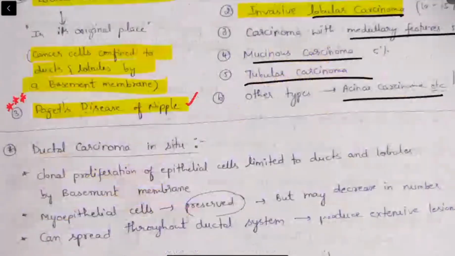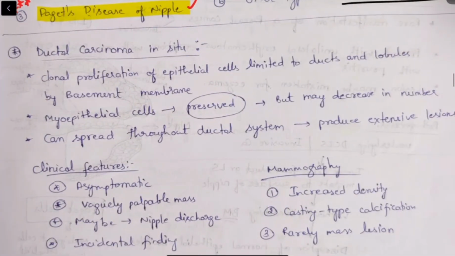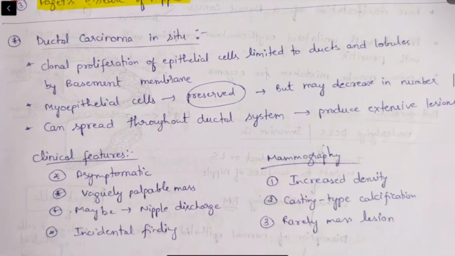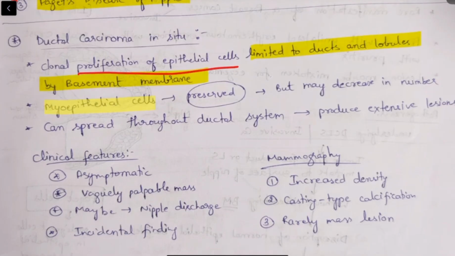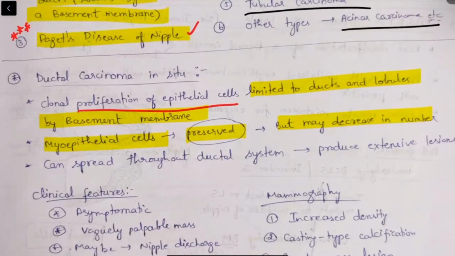Okay, so now coming to ductal carcinoma in situ per se. So what happens here in ductal carcinoma? There is a clonal proliferation of epithelial cells which are limited to ducts and lobules by the basement membrane, and here myoepithelial cells are preserved but may decrease in number. In hyperplasia both cells increase, but here only epithelial cells are increasing.